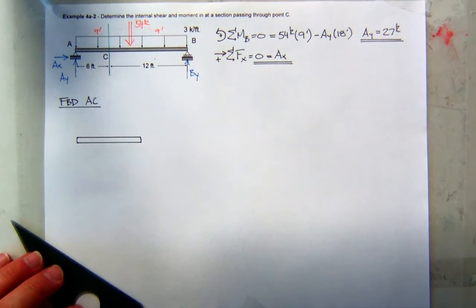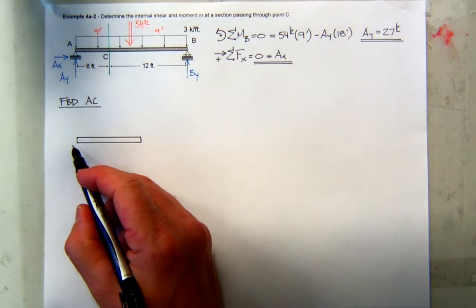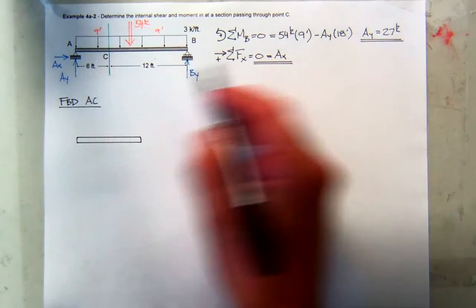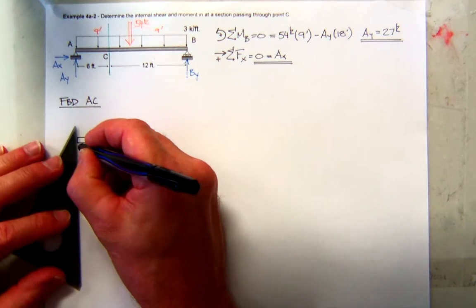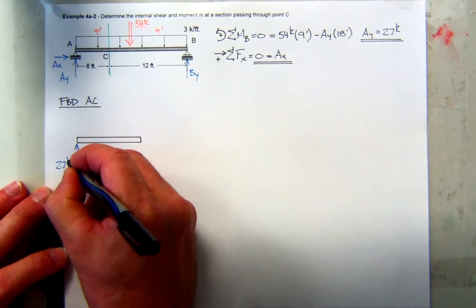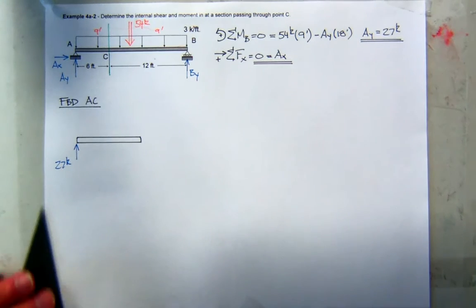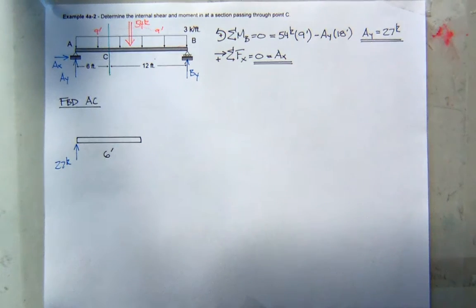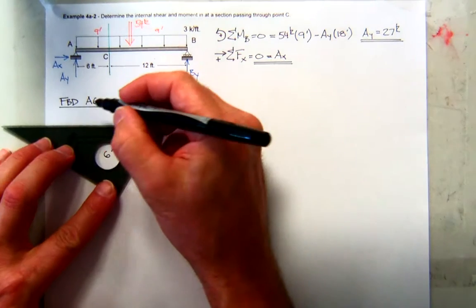All right. So first I'm looking at the A side. I found AX was 0. I found AY was positive 27. I assumed up, so that's going to be acting up, 27 kips. This piece, AC, is 6 feet long, and it has a distributed force on it.